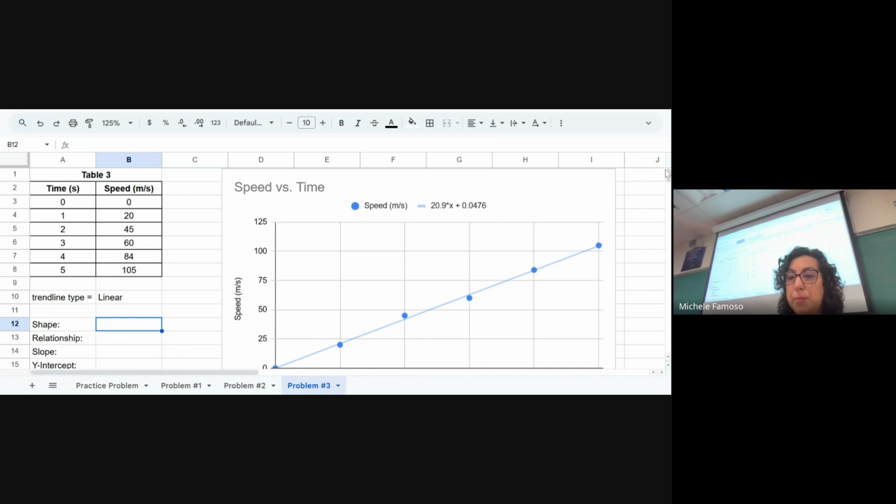What is the shape of this graph? Very good. Diagonal line. What's the relationship on this graph? Emma, can you tell me? Yes, it is direct. Okay, let's talk about the slope.